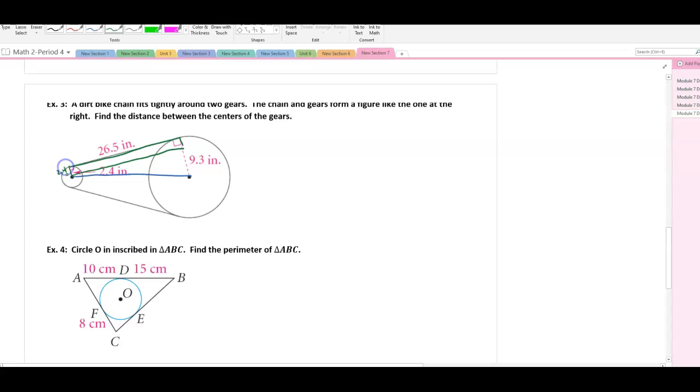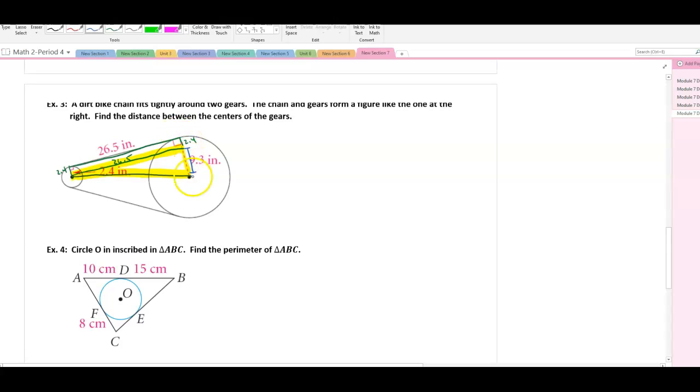What properties of a rectangle can we use? If this is 2.4, I know this piece is 2.4. If this piece is 26.5, I know this piece is 26.5. So now, if I know this is a right angle, can I use this right triangle to find that distance? Right away, I have to find this piece here.